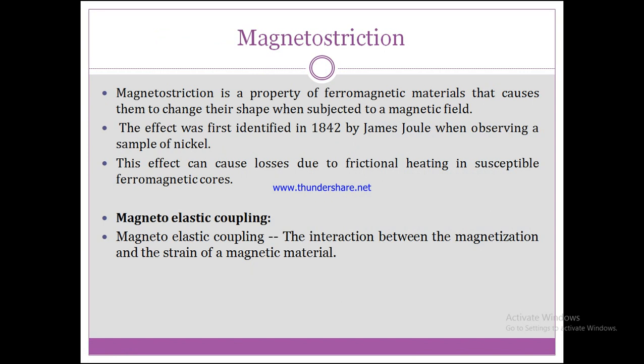Next is the magnetostriction effect. Magnetostriction is a property of ferromagnetic material that causes them to change their shape when subjected to a magnetic field. Also, it is the phenomenon in which there are small changes in the dimension of a ferromagnetic substance when it is magnetized.